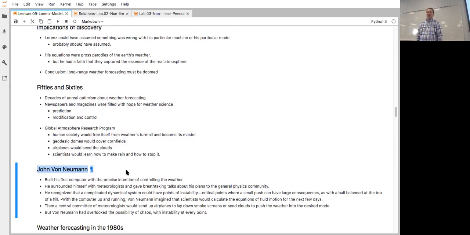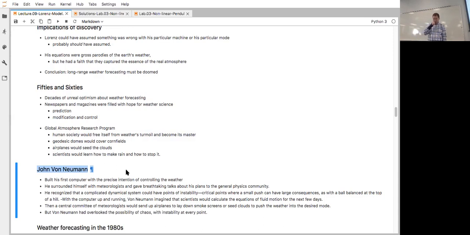He recognized that a complicated dynamical system could have points of instability, right? Critical points where a small push can have large consequences. So the idea is you've got a ball perched on the tip of a hill. If you knew where those points were, just by tapping that ball, you could make it roll down one side of the hill or the other.